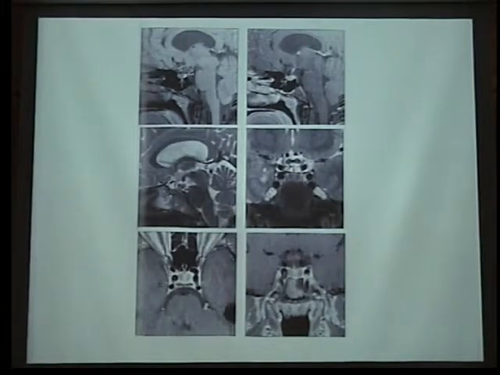This is the same patient in T2. Normal T2, wider here, thinner here. On an axial, the enhancement is always more in the midline of the pituitary than it is lateral. Okay? And this is a coronal view.